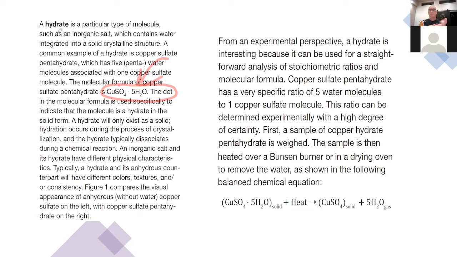And then when you drive off the water, it's still slightly blue, but not nearly as much. And we know that the colors come from the electrons moving in the copper. And so the copper is in a different electrical state with the waters and without the waters. And so the color changes. You get a lot more deep blue color when the water's present.